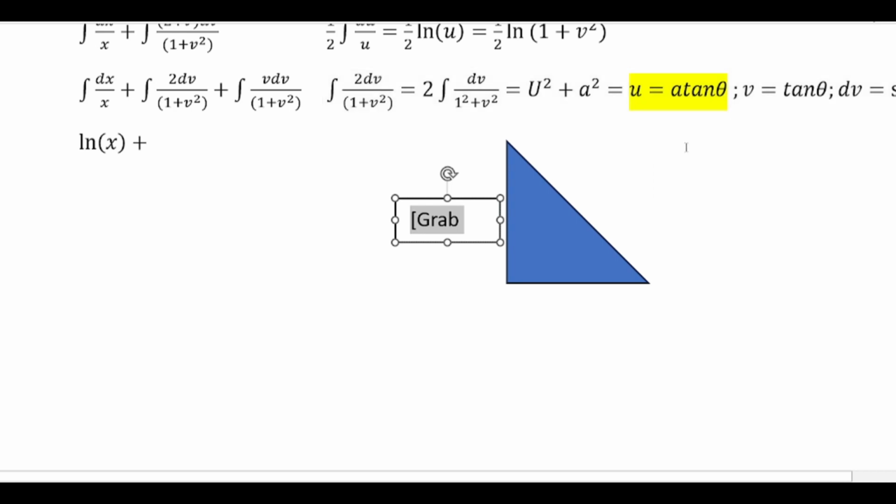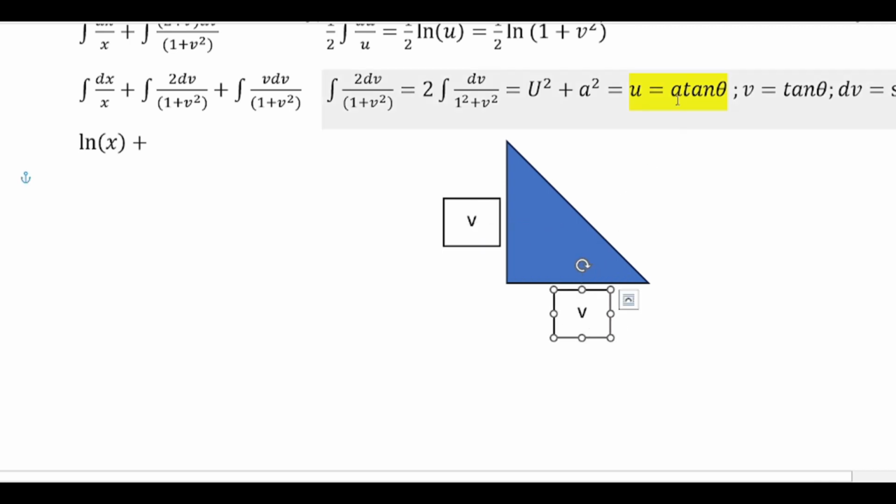So the opposite side now is v. And then the adjacent side, once again from TOA, opposite over adjacent, our adjacent is 1.